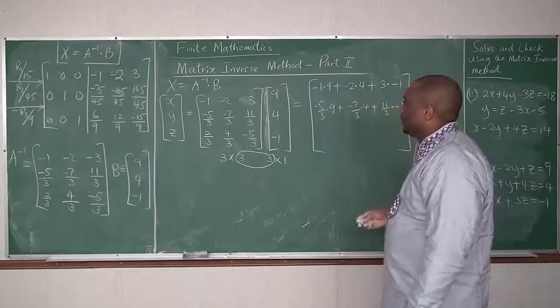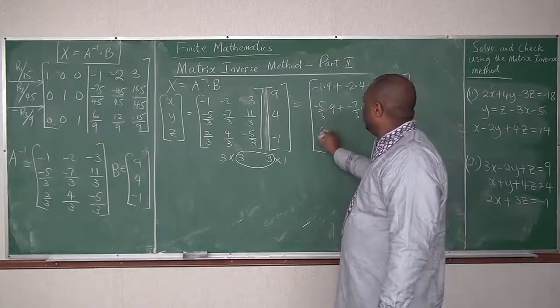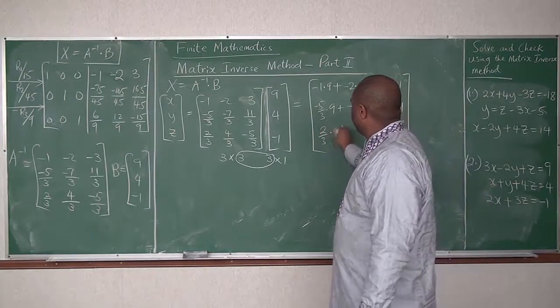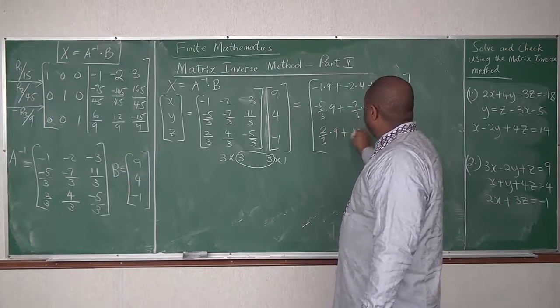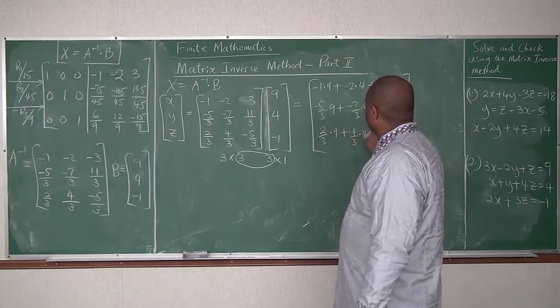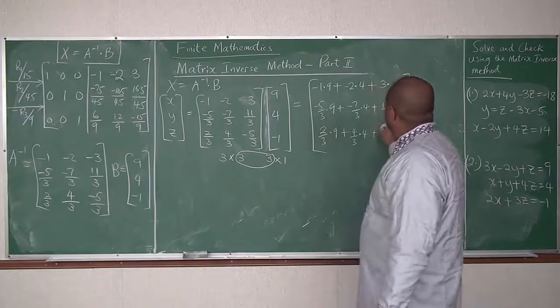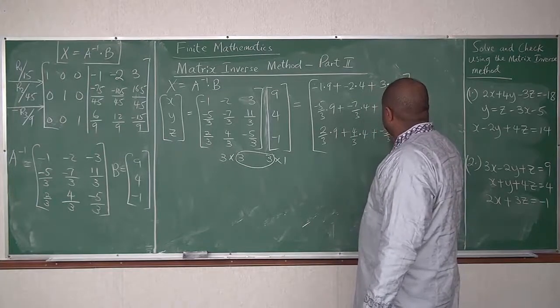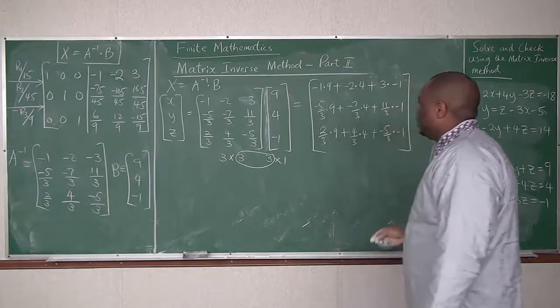Right? Then third row, 2 over 3 times 9 plus 4 over 3 times 4 plus negative 5 over 3 times negative 1. So what have we got now?